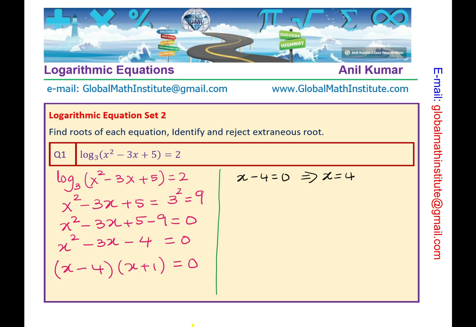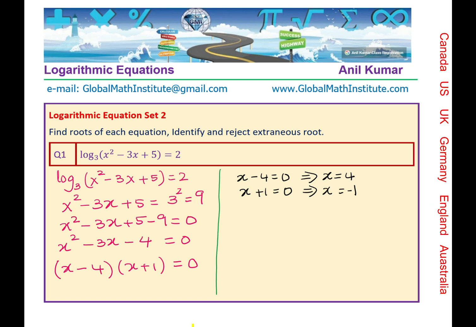And x plus 1 equals 0 gives you x equals minus 1. So we do have two roots here. However, we need to check if one of them is extraneous or not.